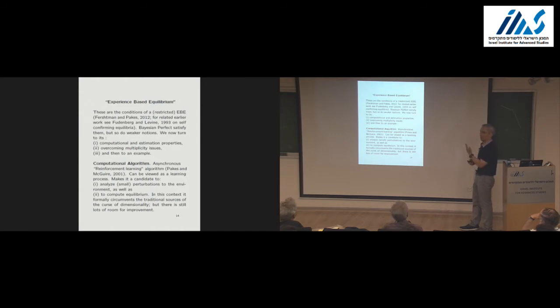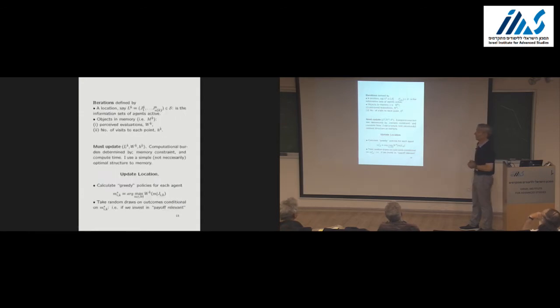And the advantage of it is it's really a learning algorithm. So you could think of perturbations to the environment and responding to those perturbations by this learning rule. It's like yesterday in a way. Slightly different learning rule. So I'm going to show you how to compute equilibrium in one of these models. It's an iterative algorithm, so I have to have a location where the computer is today and then update it. Is that clear? So I need to tell you what a location is.